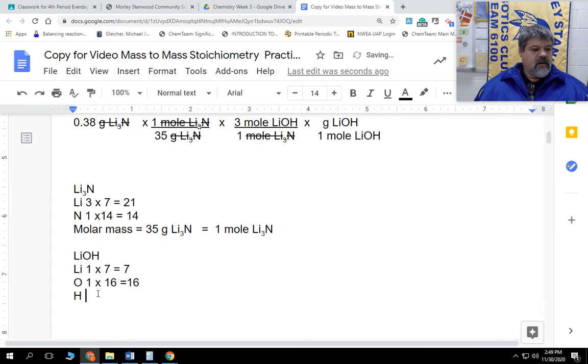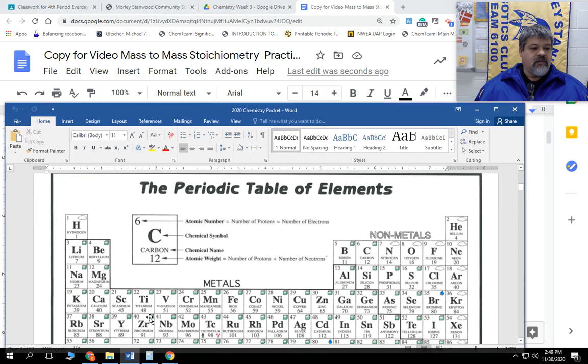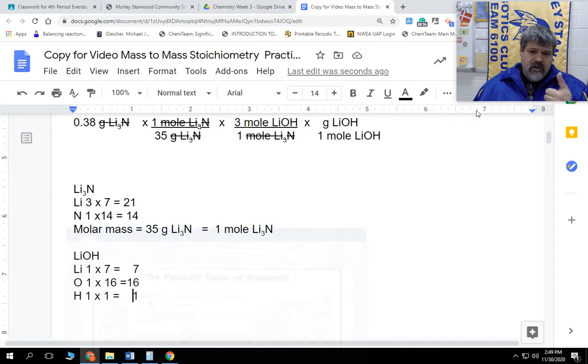And we have 1 hydrogen multiplied by its weight, which is 1, which equals 1. Let's double check these ones, 7, 16, and 1. So let's go back to the periodic table. Hydrogen is 1. Lithium is 7. Oxygen is 16. So we're good on that one.